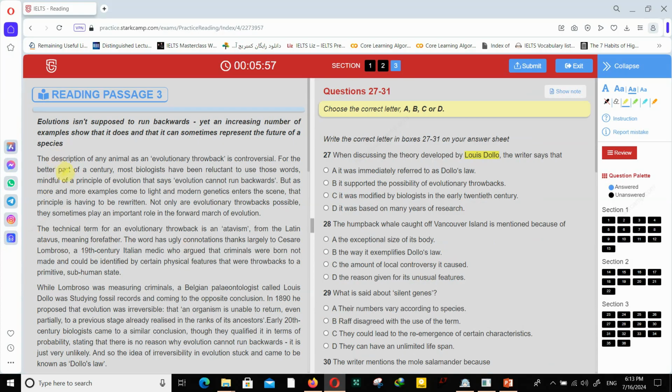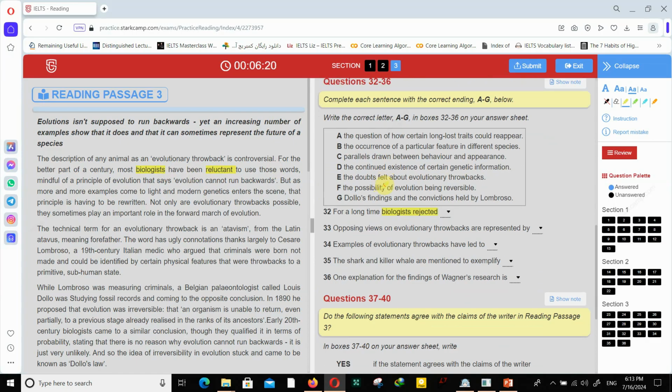Go ahead and look at the passage. The description of any animal as an evolutionary throwback is controversial. For the better part of a century, most biologists have been reluctant to use those words. Biologists.